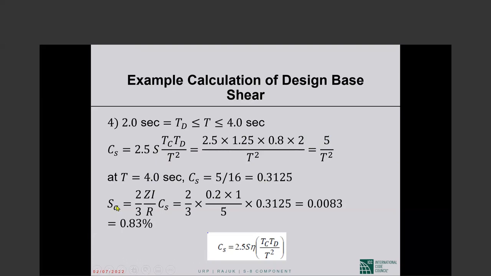S sub A then would be 2/3 times 0.2 I upon R of 5, C sub S of 0.3125. That comes to 0.0083. That's 0.83%. It will be a little bit different. It will be slightly higher because this was 1.35.